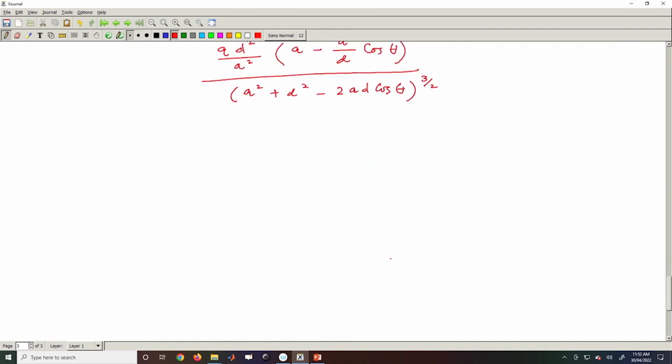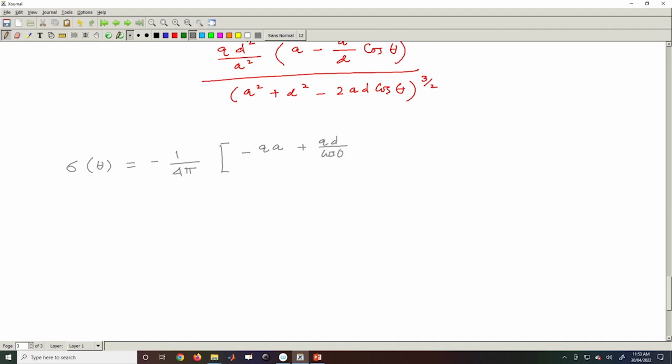So, my sigma theta now becomes minus 1 by 4 pi, and I should have minus q a plus q d cos theta.